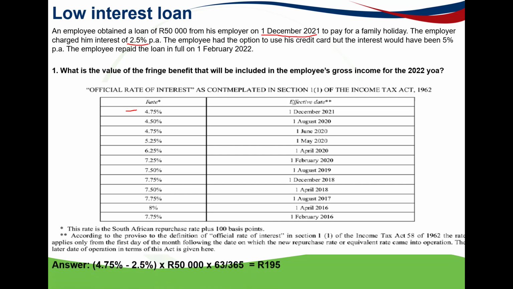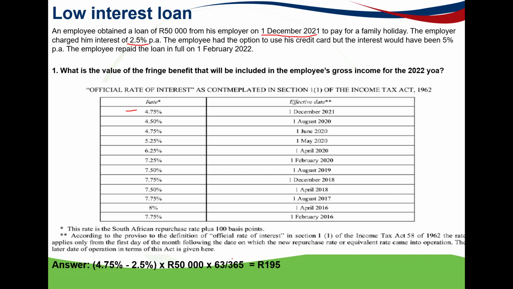So we will have our answer in the following way: the 4.75% minus the 2.5%. Remember, these rates are annual rates, multiplied by 50,000, which is the capital portion of the loan. Because the loan was provided during the year of assessment, we will need to apportion that according to the number of days.